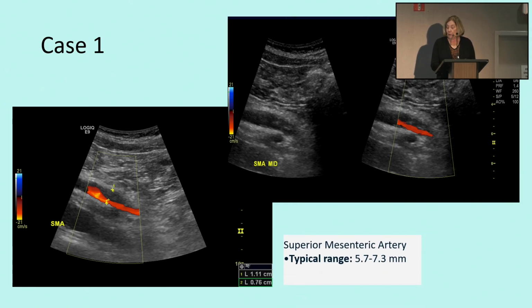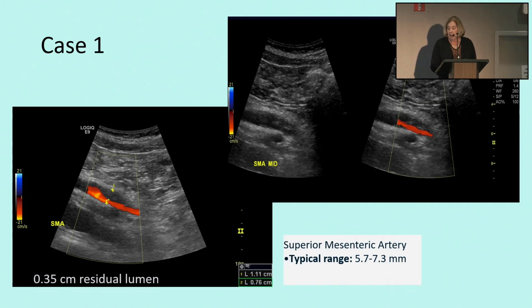Okay, this is the typical range. This is measuring at its largest in a long axis view, which you do want to get a transverse. She found it hard to get transverse on this. So at least over a centimeter, and the upper limit of normal is about 3/4 of a centimeter. It looks dilated. It doesn't look strikingly huge, but it's dilated.